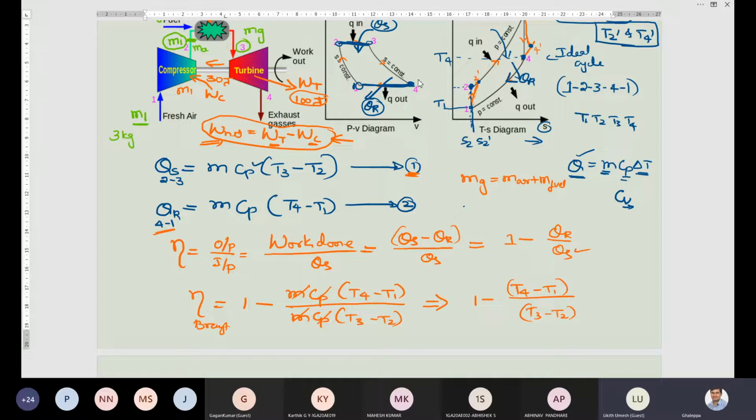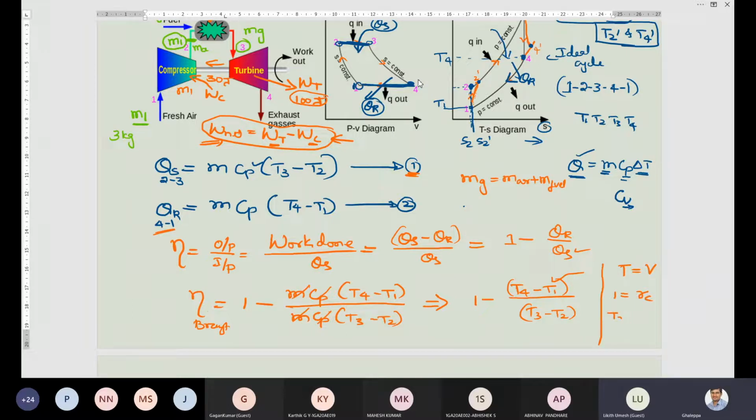So this is an efficiency equation in terms of temperatures. But as we know, all temperatures will not be given in the numerical. Only T1 will be given. The remaining T3, T2, T4, we need to calculate. This is what we have done in the previous air standard cycles, in the diesel engine. We converted temperatures in terms of volume. Understood? And one more point: in the air standard cycles, all temperatures we converted in terms of compression ratio.